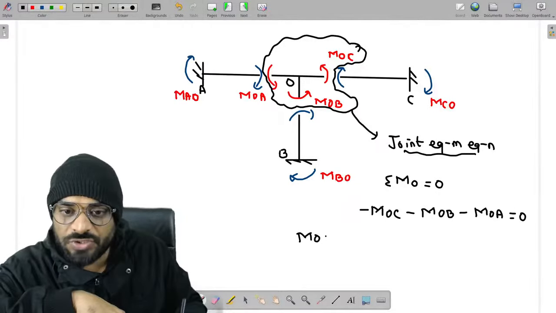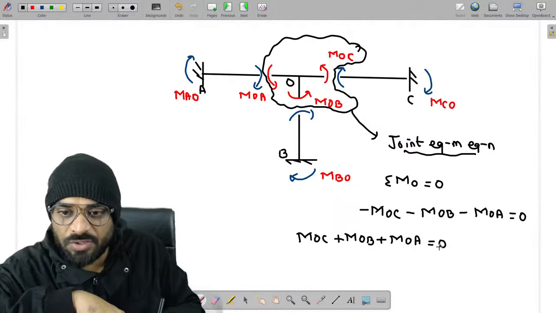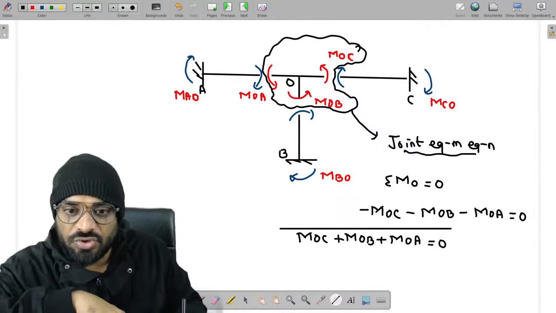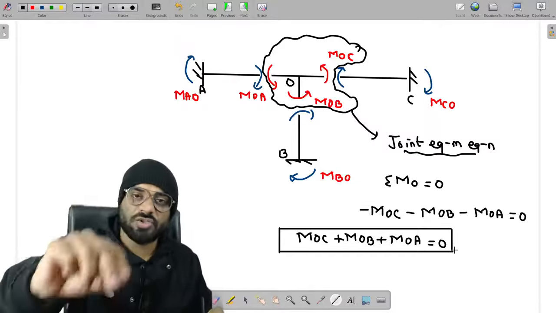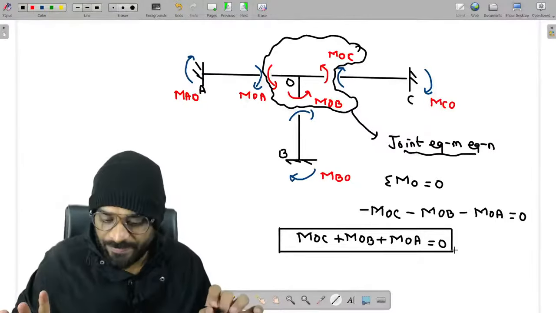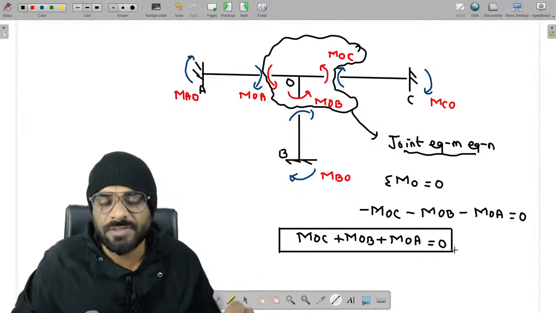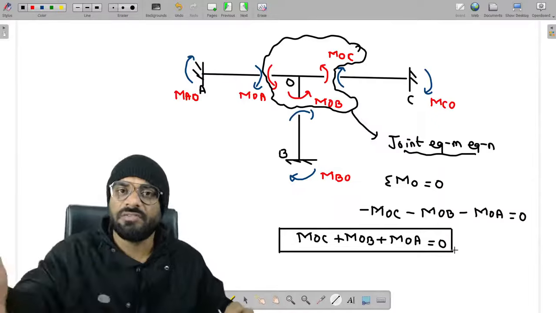So MOC plus MOB plus MOA is equal to 0. And this is our joint equilibrium equation. This joint should remain in equilibrium if such a condition prevails. Crystal clear? In this way, you can write the joint equilibrium equation for your different joints.